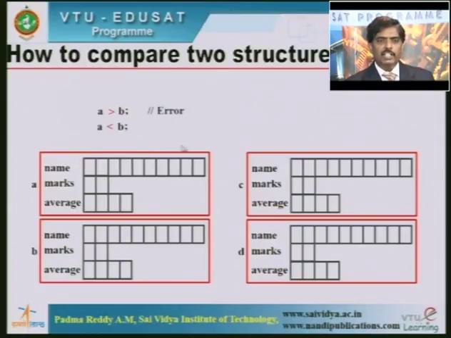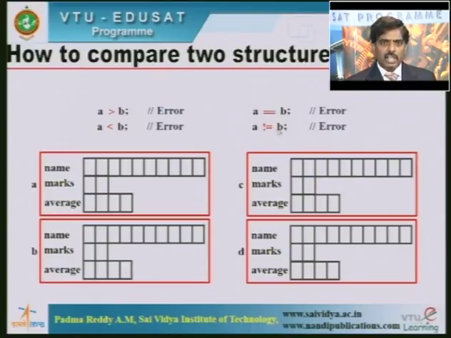Similarly, if I write A less than B, it is an error. A equal to B or A not equal to B, all are relational operators between A and B. So, we say this operation is invalid. We cannot compare two structure variables either of the same type or different type.